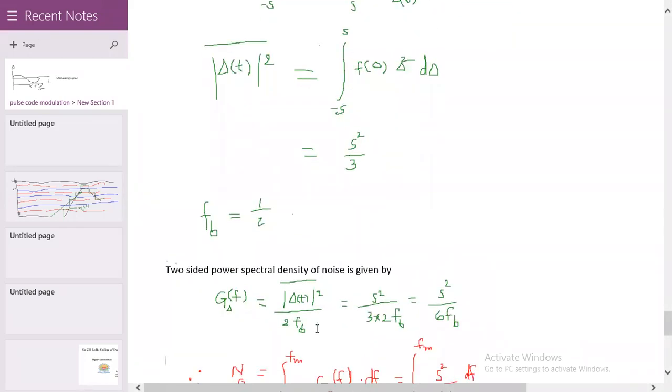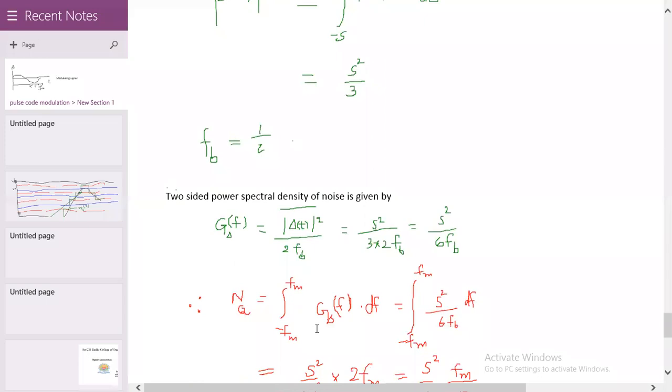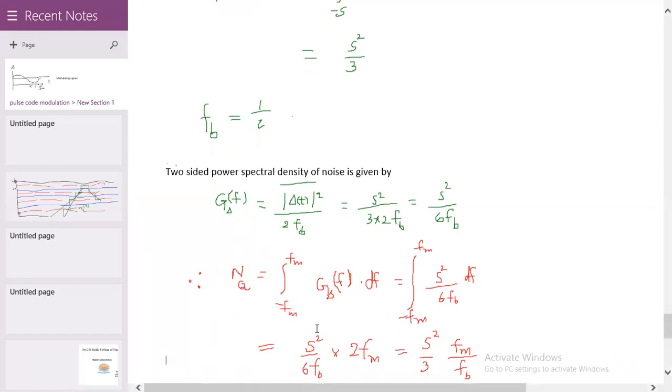After calculating this mean square error of the quantization noise, here you can calculate the noise power at the output of the receiver. This noise power passes through the baseband filter or low pass filter.